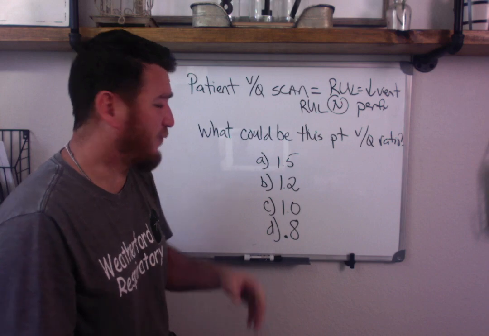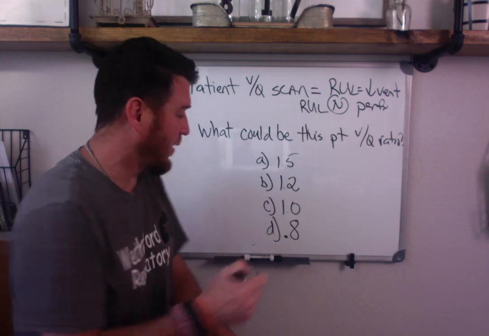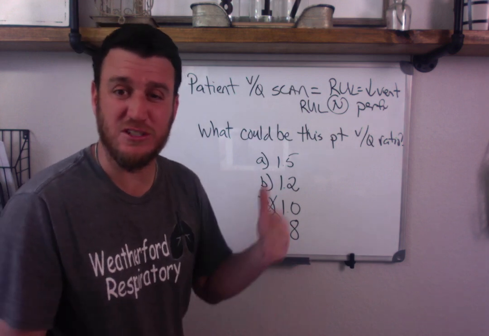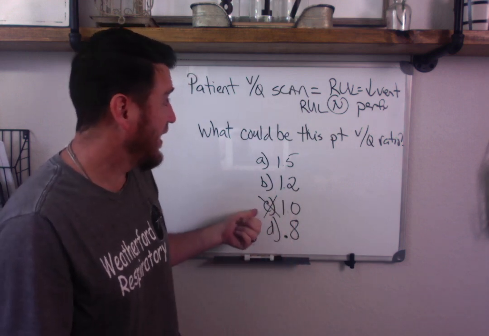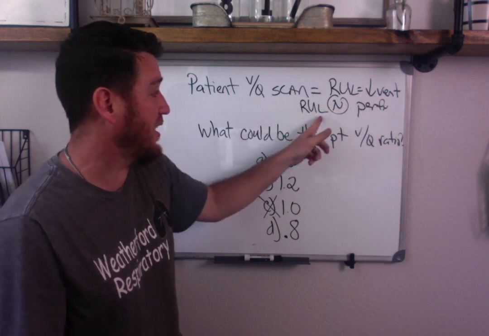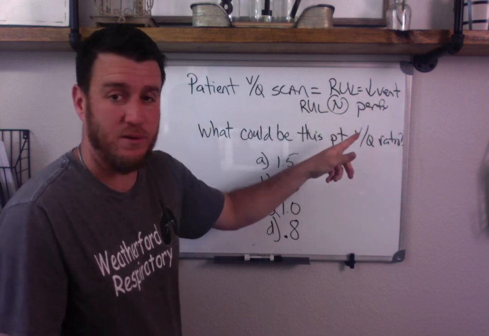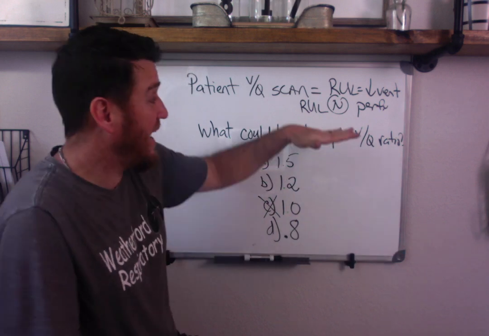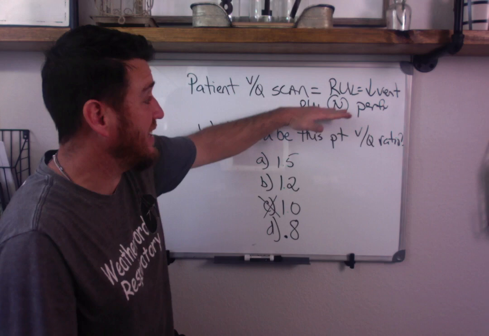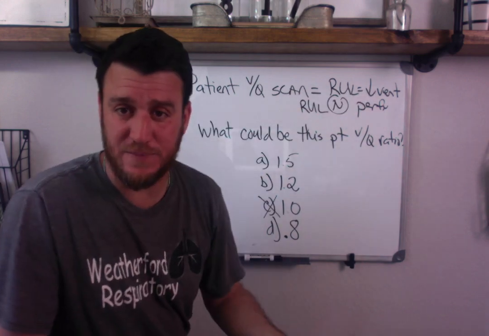So, first of all, we know that normal VQ ratio is 1, so it's not C. If it was 1, then right upper lobe ventilation would be normal. Right upper lobe perfusion would be normal. But that's not what we have. We have a right upper lobe perfusion that exceeds right upper lobe ventilation.